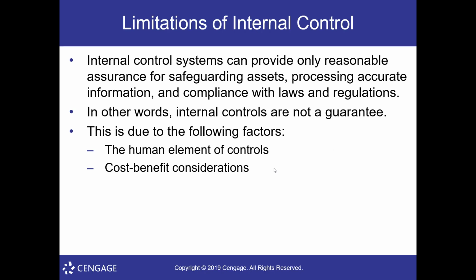So internal control systems can only provide reasonable assurance. In other words, they cannot guarantee that there is no human element of the control or that the cost benefit is not considered. So one of the reasons you don't see security guards all the time at a bank is because the amount of cash that the person probably has access to if they're going to rob the bank is less than the cost of maintaining the security guards.